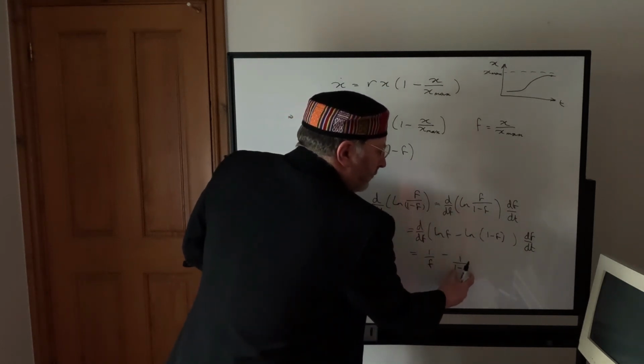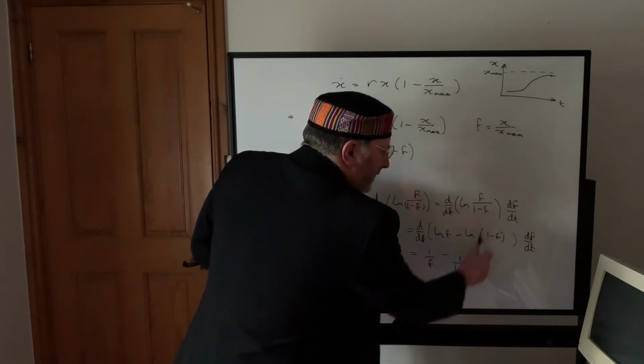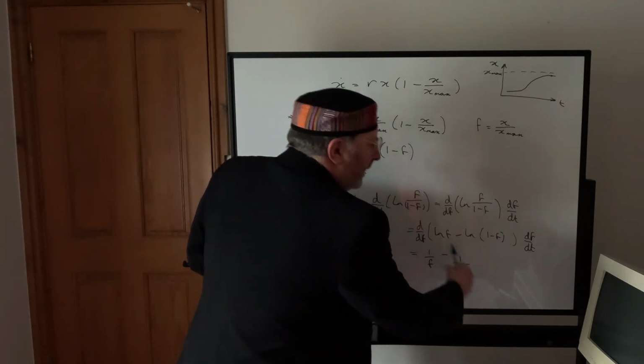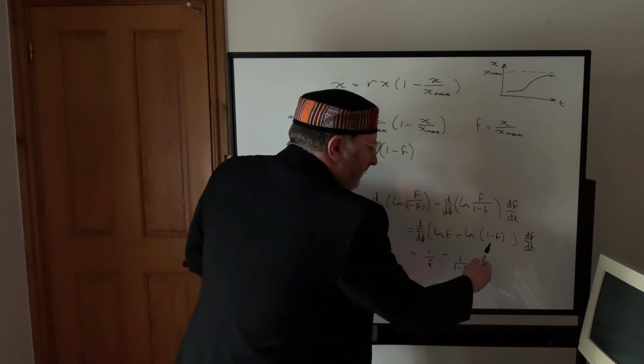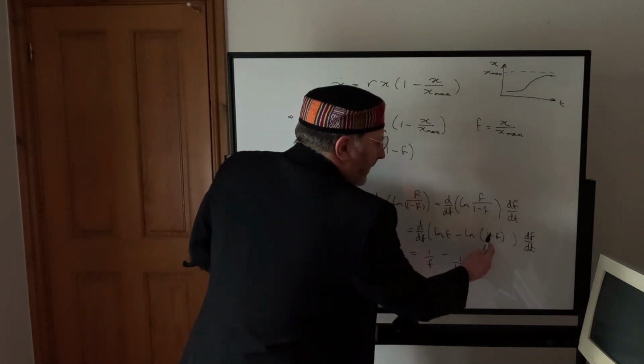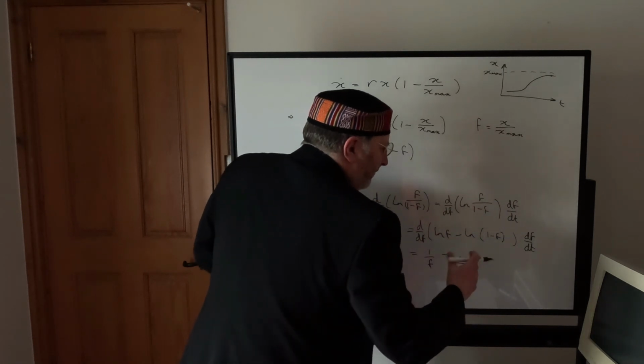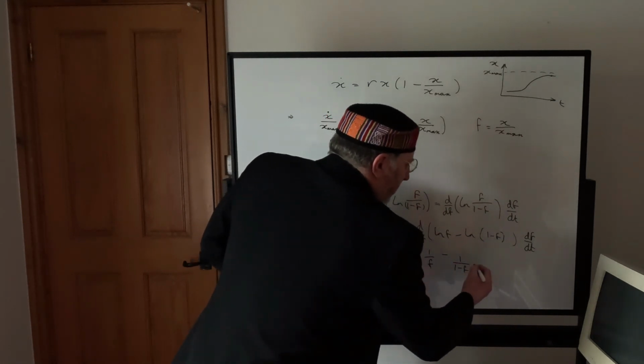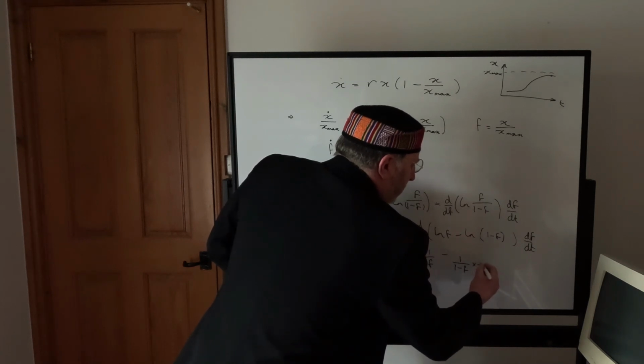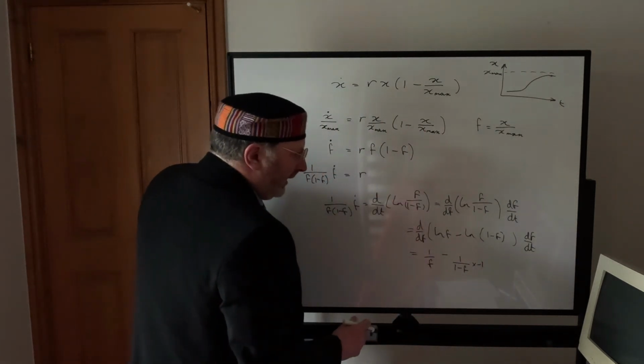But applying our chain rule, we've differentiated the bracket, treating it as a variable. Now we must multiply by the derivative of the bracket. The derivative of 1 minus f: the constant becomes 0, and minus f goes to minus 1 when we differentiate it. So we're going to get times minus 1 when we multiply by the derivative of the bracket.